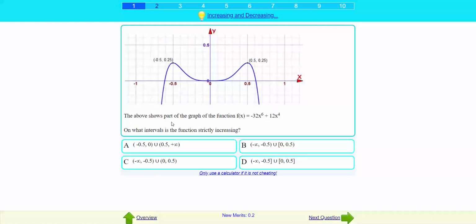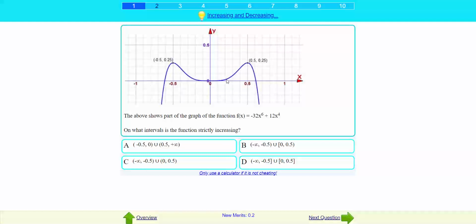The above shows part of the graph of the function. On what intervals is the function strictly increasing? Strictly increasing. So it's like from negative infinity to 0.5.